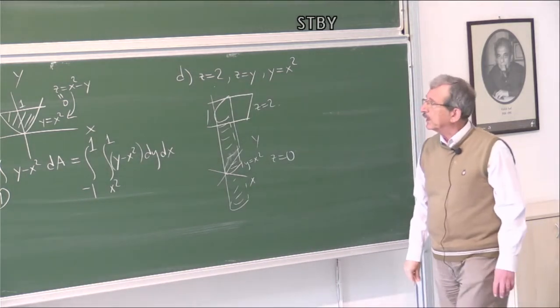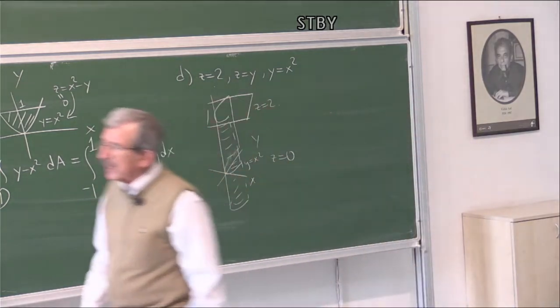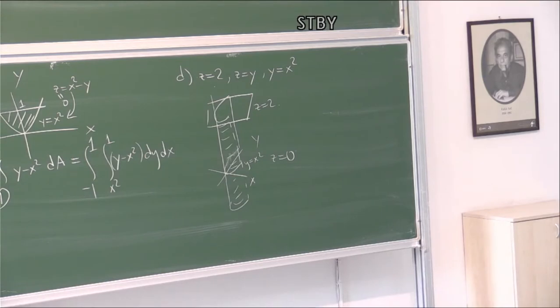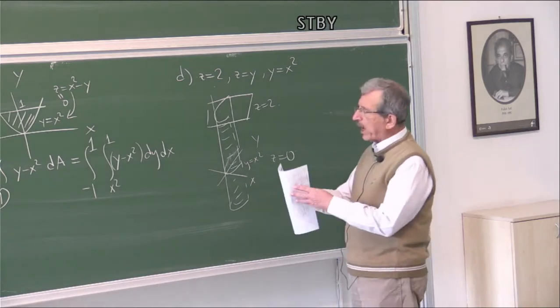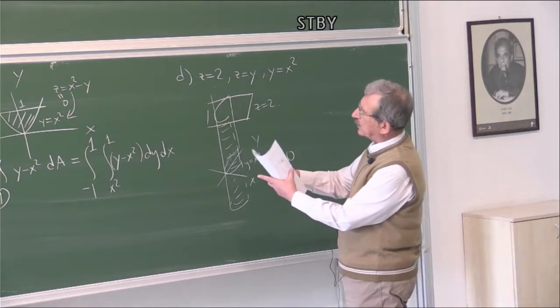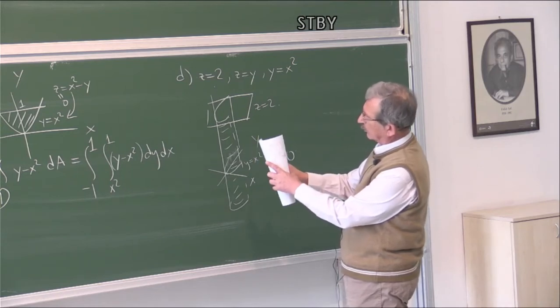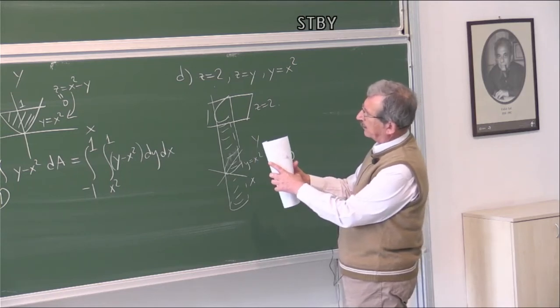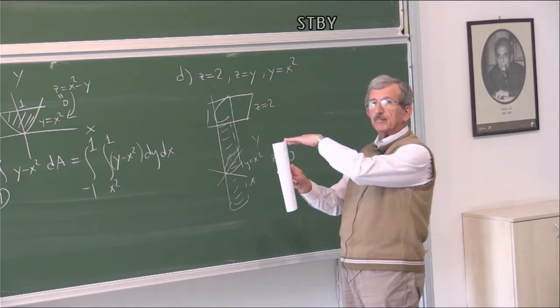So you note that you have something as follows. Now we have such a figure, a vertical one, and we have a bound from the top.